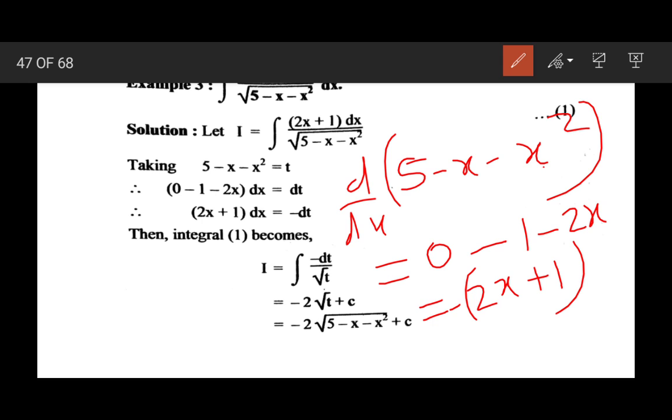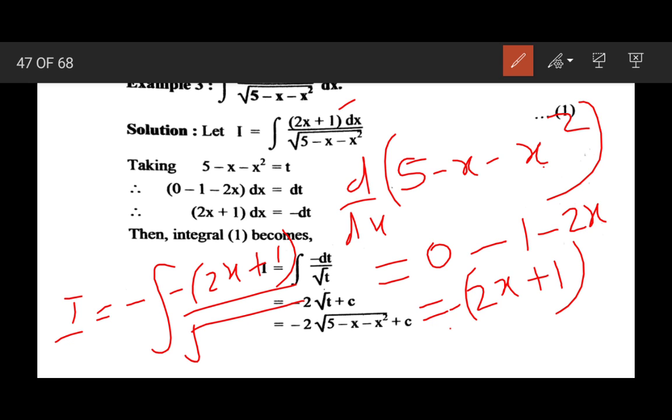Now, as you can see here in question, numerator is 2x plus 1. Just minus sign is missing, right? So what I am going to do, I am going to multiply and divide by minus. So now I will be minus integral minus 2x plus 1 upon under root of 5 minus x square dx.